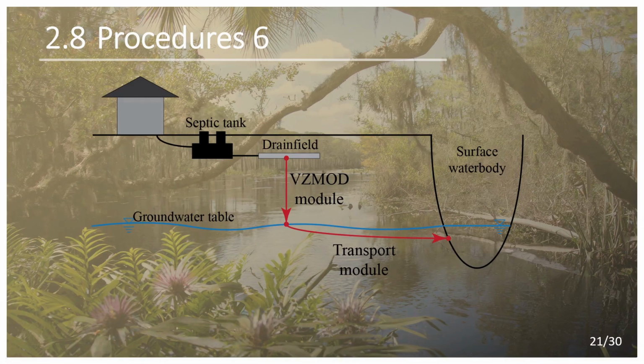But the process in VMOD in the vadose zone is complex and requires many data to calibrate and validate the results. In our Lakeshore example, we will no longer use VMOD and we will run the transport module directly.